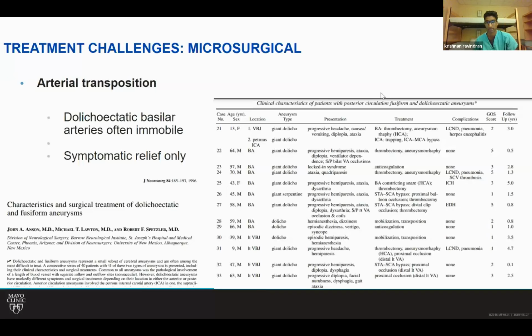In this, they outlined their experience with vessel transposition. Similarly, though their technical successes were applaudable, the clinical status of these patients, particularly long-term follow-up, remained poor, as you can see here from the Glasgow outcome score in some of these patients.